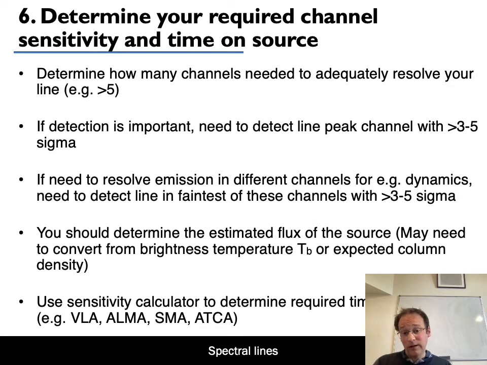But for spectral line, the bandwidth that's relevant is now the channel width. So you need to think about what is the strength of your spectral line in a single channel, and what is the noise for a given integration time that the facility is going to give you. And are you going to have at least 3 or 5 sigma in a single channel to be able to detect the signal in that channel?